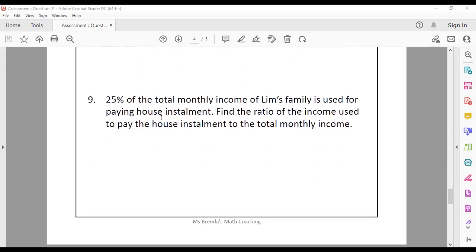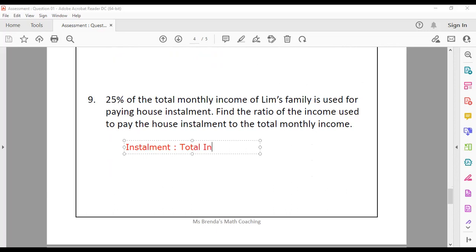Okay, for the day. 25% of the monthly income of Lim's family is used for paying house installment. The question asks you to find the ratio of the income used to pay the house installment to the total monthly income. Again, the ratio is installment to the total monthly income.